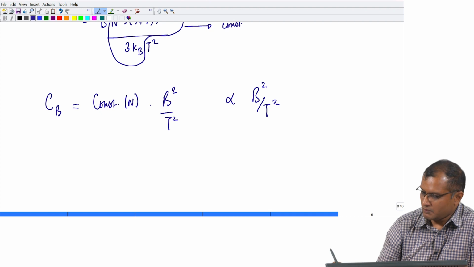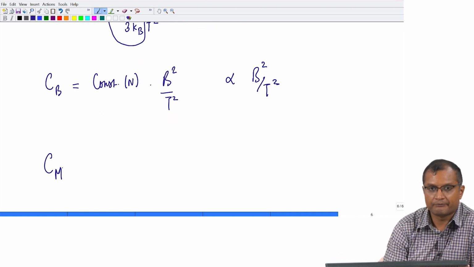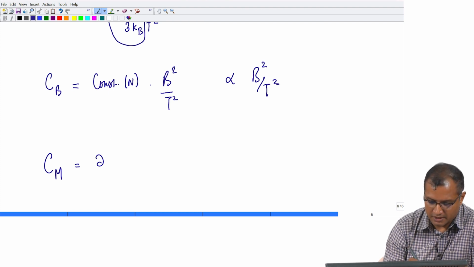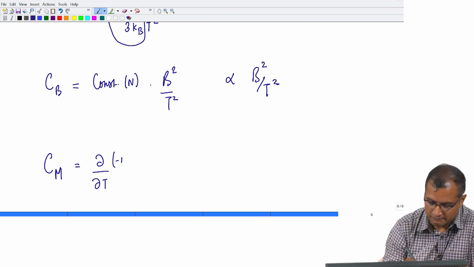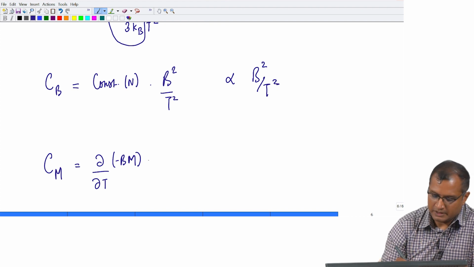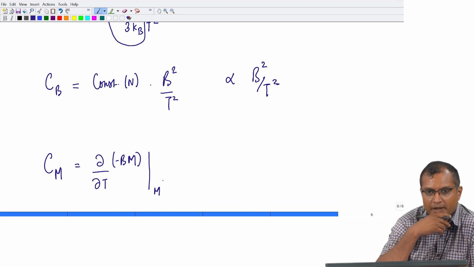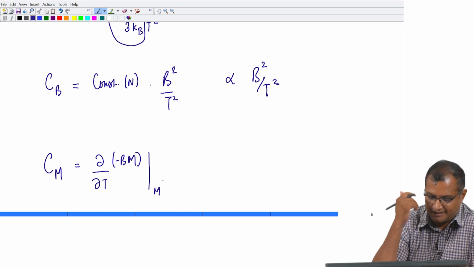And how about heat capacity at constant magnetization? Again we can do the same logic, we can take the partial derivative of the energy scale. There is only one energy scale in the problem, that is the magnetic enthalpy at constant magnetization. Now, this is interesting.